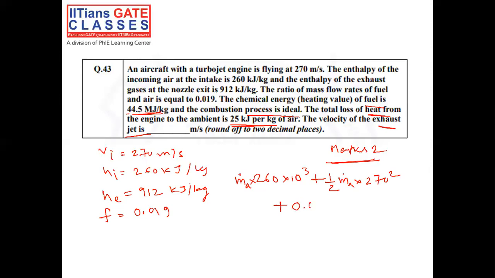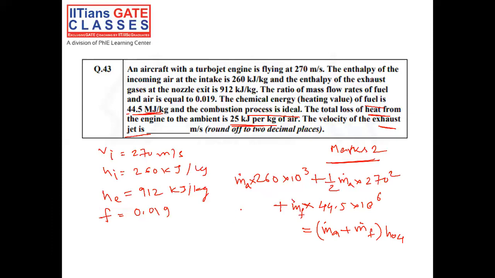The energy coming from fuel is mf dot into 44.5 into 10 to the power 6, and this is the amount of energy available at the combustion exit, H04. Sorry, I made a mistake here, this will be mf dot.